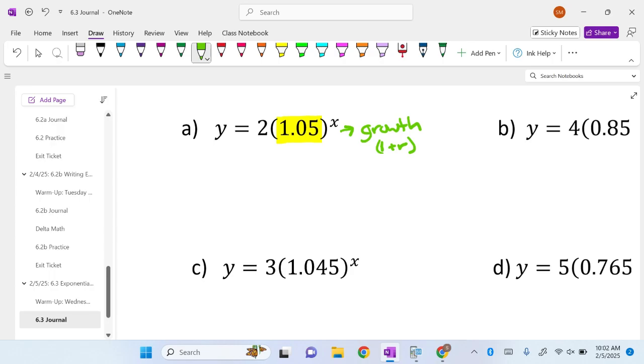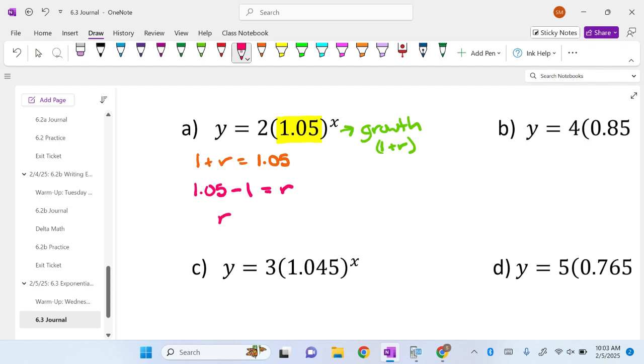If 1 plus r is 1.05, how can I find my r value? Subtract 1 from 1.05. So this is the exact same thing as 1.05 minus 1 is equal to r.